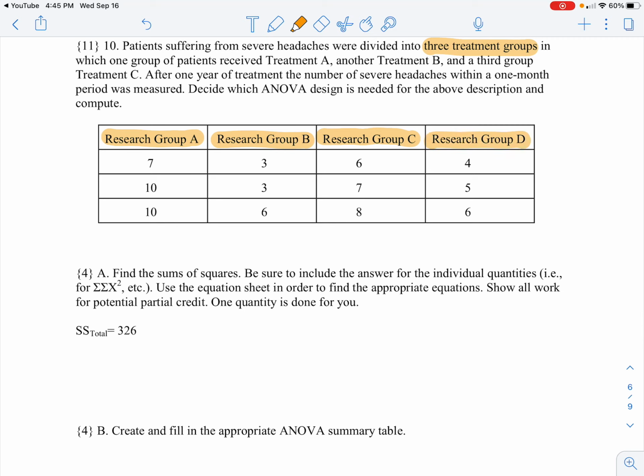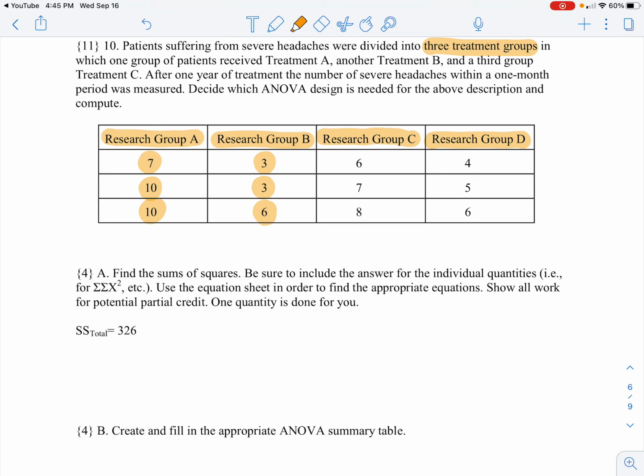After 1 year of treatment, the number of severe headaches in a 1 month period was measured. So this person had 7, this person had 10, this person had 10. The people in group B, this person had 3, the second person had 3, third person had 3.